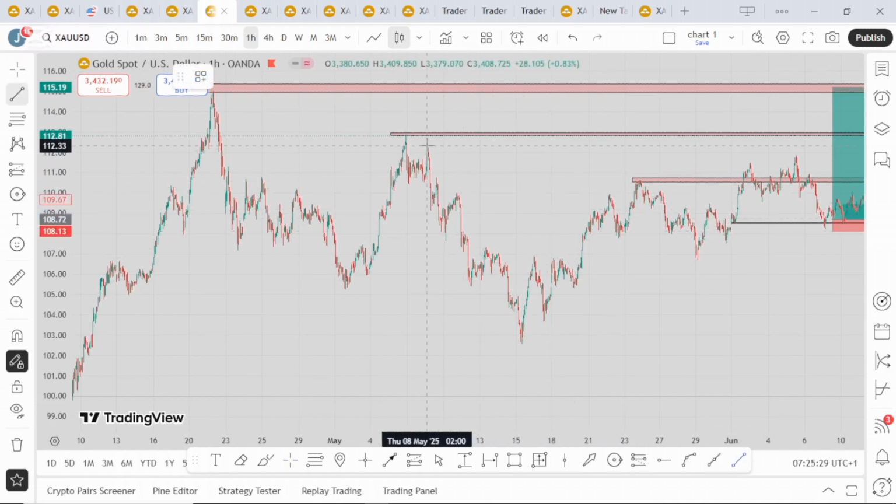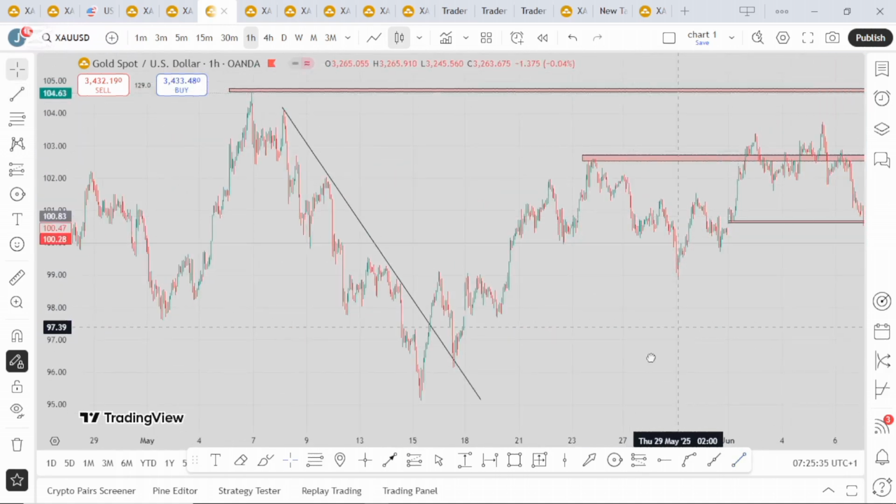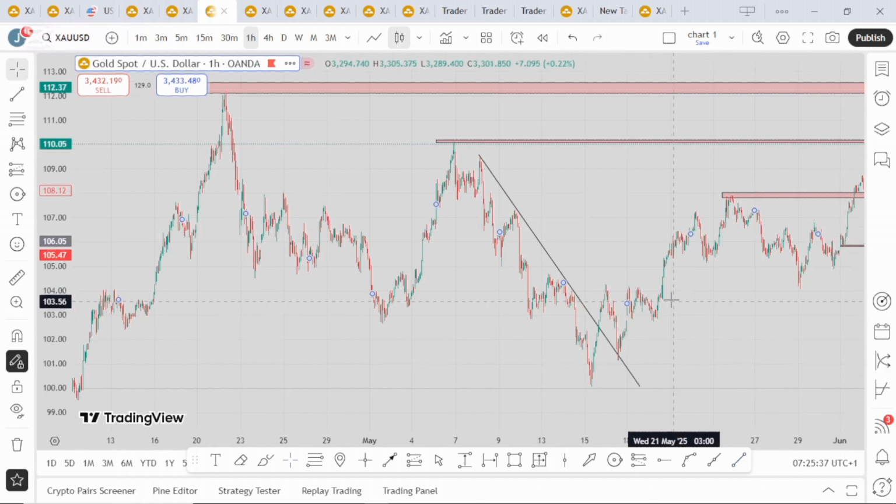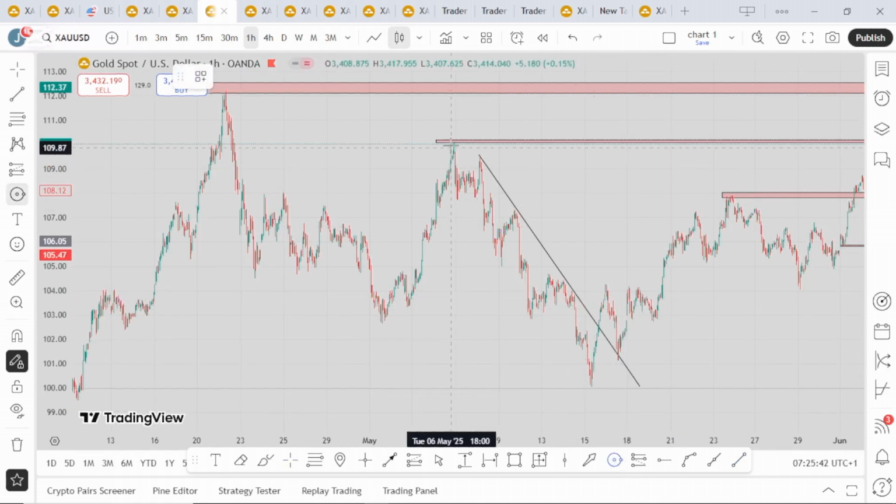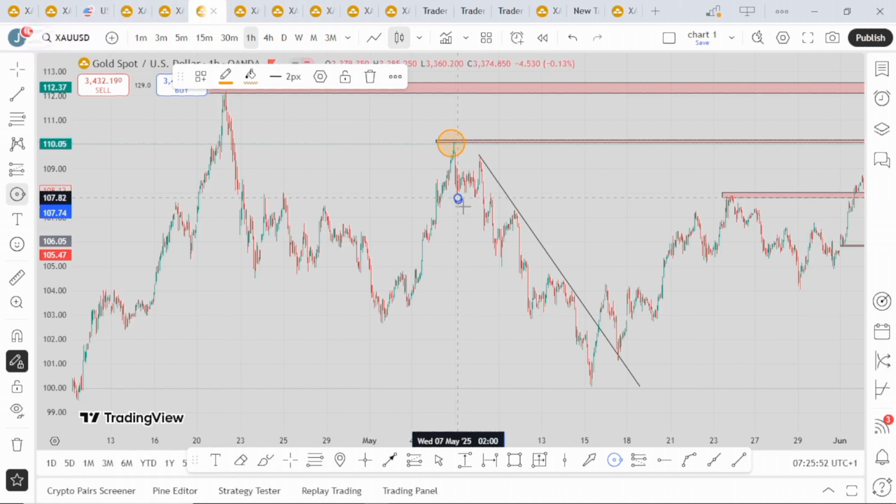So now this is it. Let me show you from this zone here to this zone here. This is a bearish market structure. You see what I told you earlier. This was the high that we have here. This is the low that we have, this is our starting low.